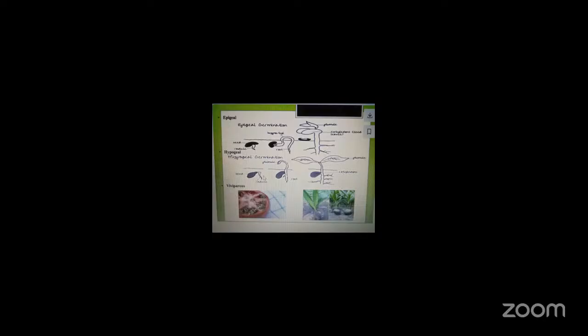So, what are the goals here? Some goals of seed technology. So here, reasonable price. The cost of high quality seeds should be affordable to the average farmer.